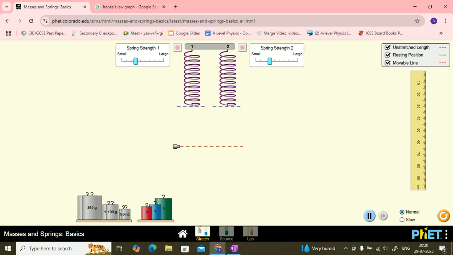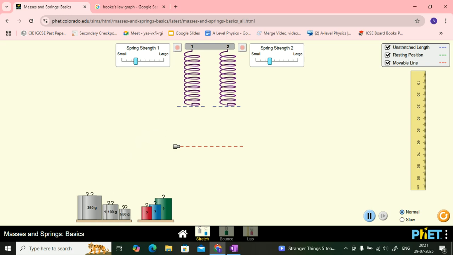And when we try to unload the spring, let's say we are attaching weights to the spring, one time it's 50, then another time it's 100, then another time it's 250 grams, as you can see over here. What will happen when you keep on removing the weights? Let's say the maximum weight attached to the spring is 50, and I keep on detaching the weights, 40, 30, 20 and 10.